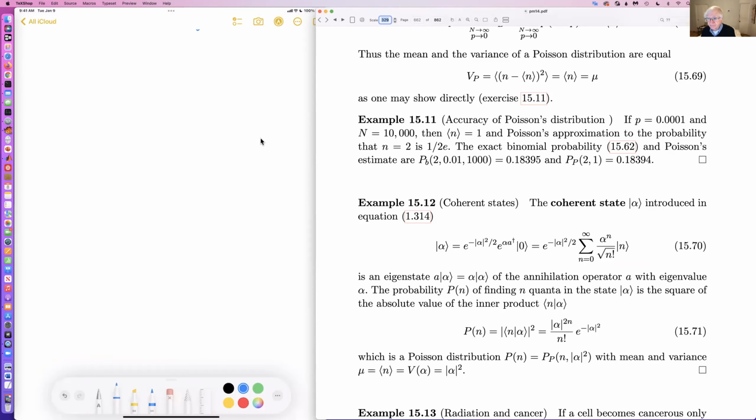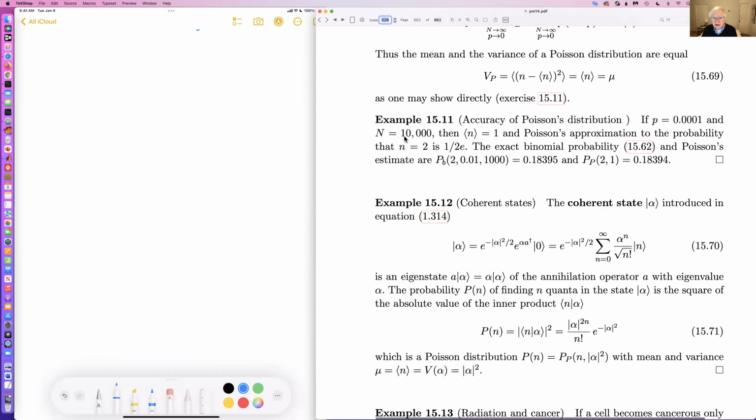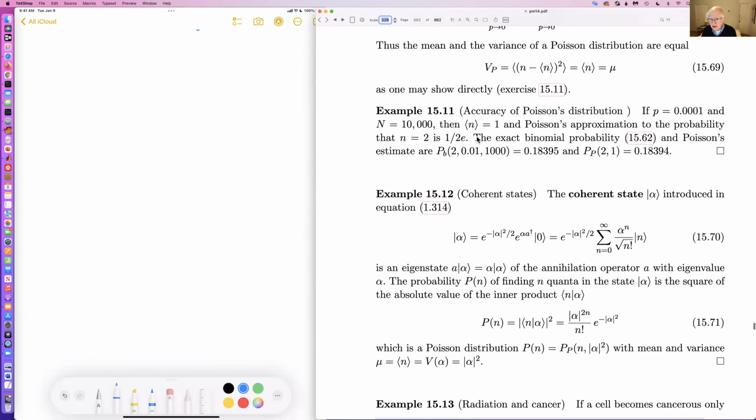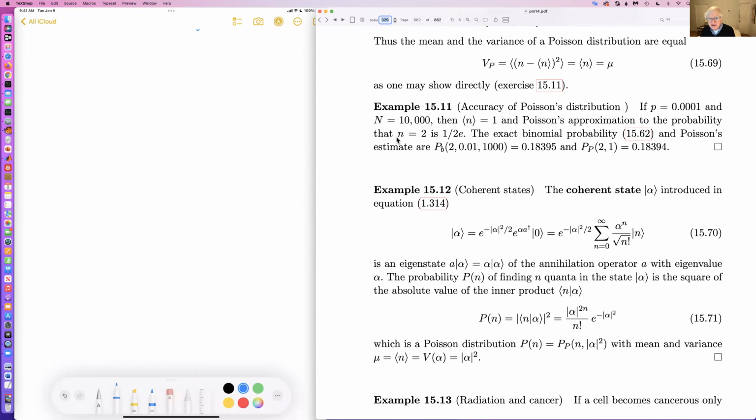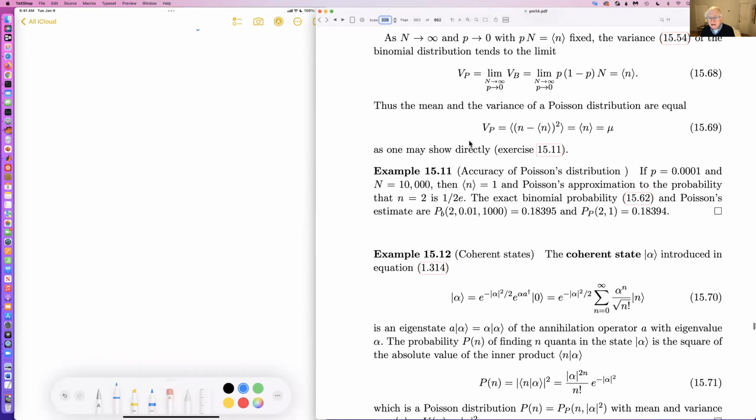And so if you set P equal to 10 to the minus 4, N equal 10 to the 4th, then the average number of successes is 1. And Poisson's approximation to the probability that you get 2 successes is 1 over 2e.